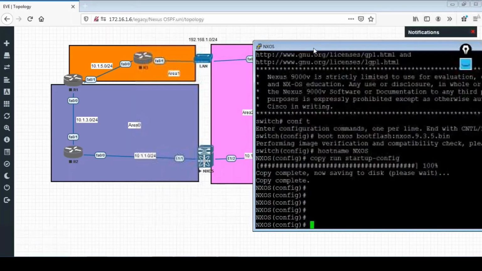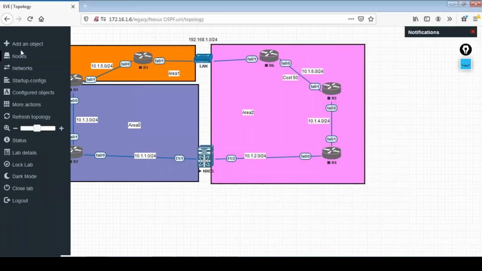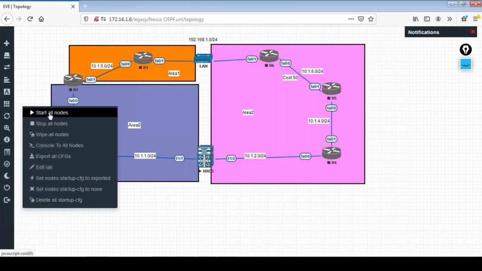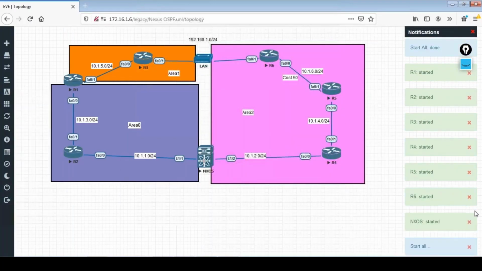All right. So we have interface E1/1. I think, John, it would be via R4. Reason? The reason is that R6 is redistributing that route, and R6 is owning that route.